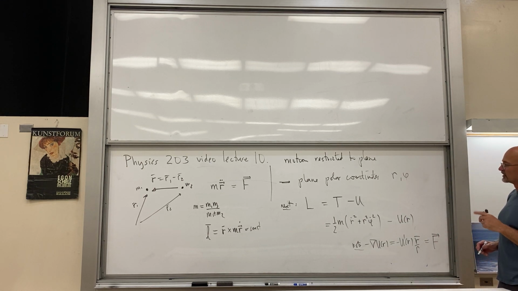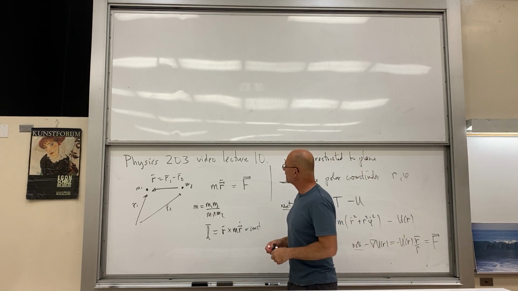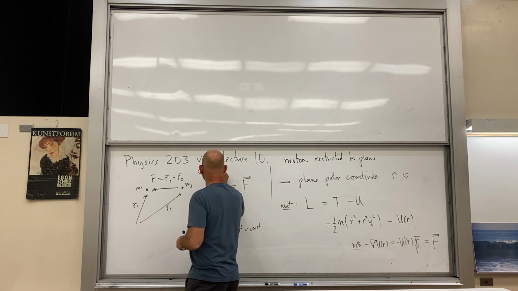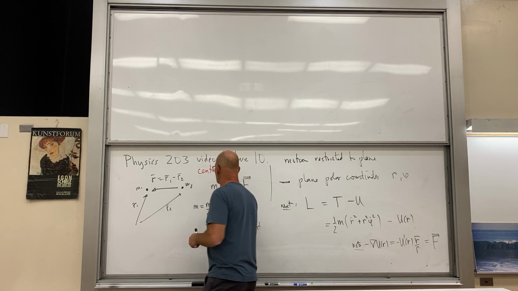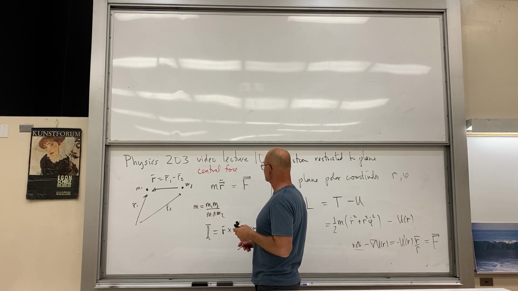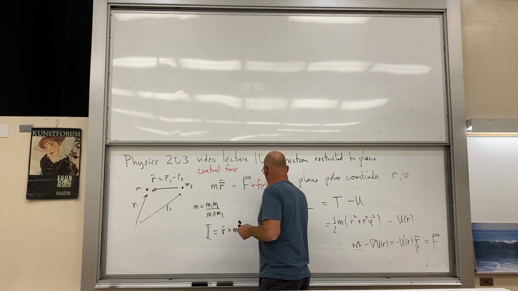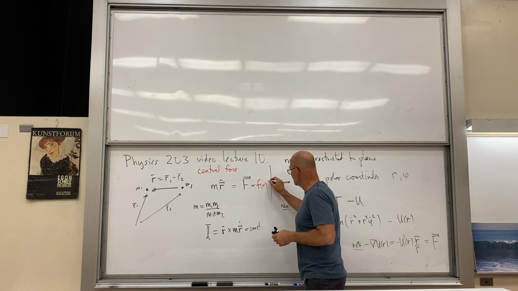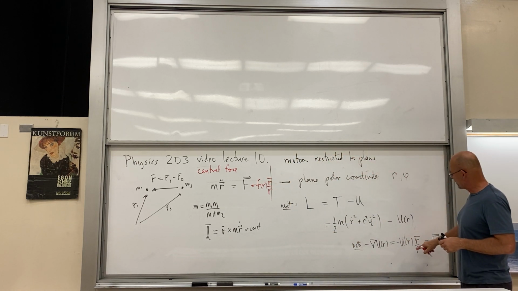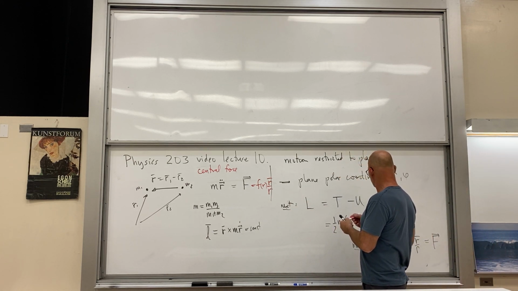Another way to put this, since we're talking about a central force and not just any old force, and that was already implicit in the construction, is the magnitude of the force and its unit vector direction. So that minus U prime is just that F right there. So good, we have the Lagrangian.